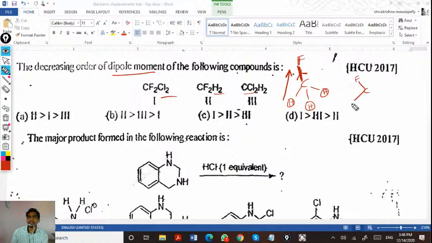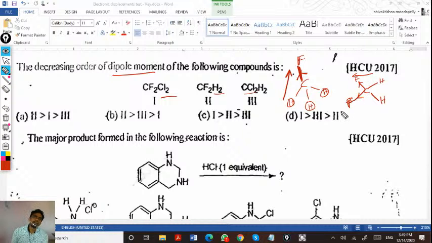So the first one is CF2Cl2, the second one is CF2H2, and the third one is CCl2H2. Among these I am taking CF2H2. Electrons are pulled towards the fluorines, so the electron density will be towards this side, one side.